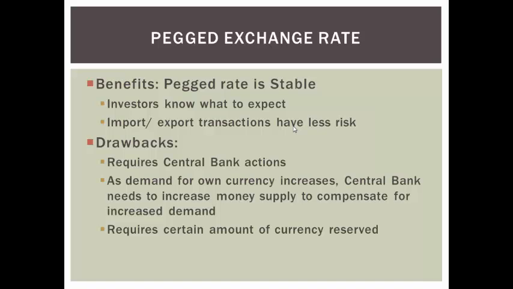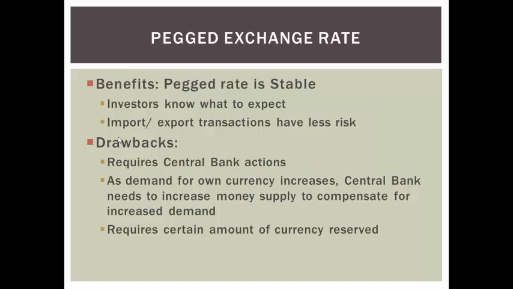Well, we can do that by controlling the supply. So we can purchase or sell our financial assets in order to compensate for that increase in the demand. So we can force or we can convince foreigners to sell us back our bonds, and in a way we're going to bring down the exchange rate. So it requires a lot of actions from the central bank.